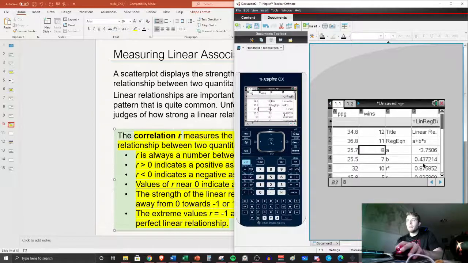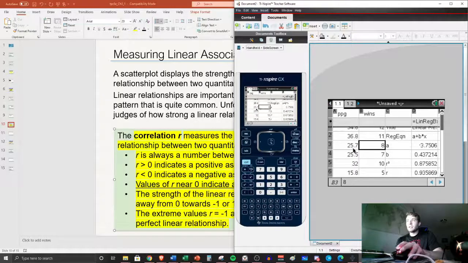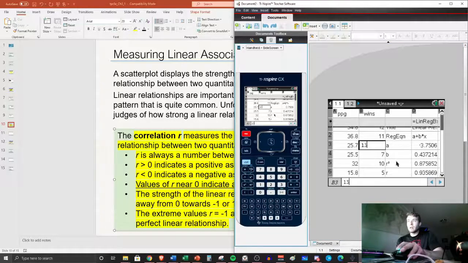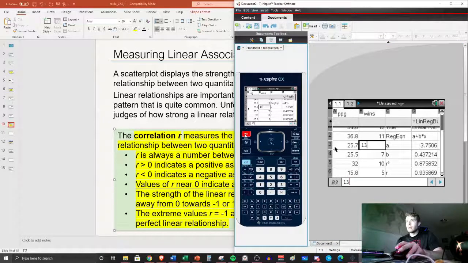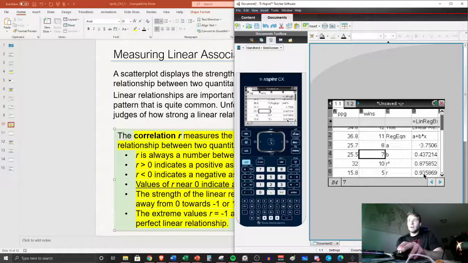So what's going to happen to this R value if I change this to a 13? Well, look how much it changed. It went from 93, we'll undo that, 93.57. As soon as I change this to a 13 and hit enter, it's going to hurt that relationship, right?